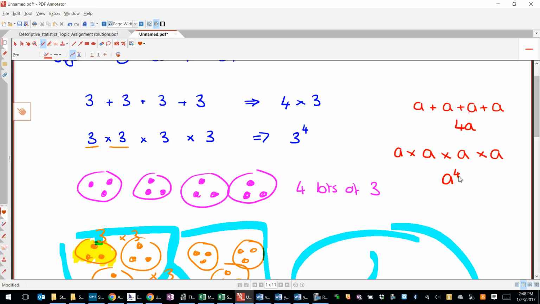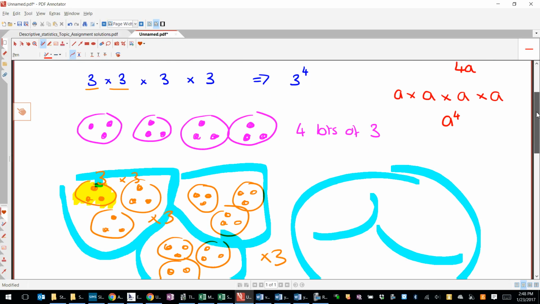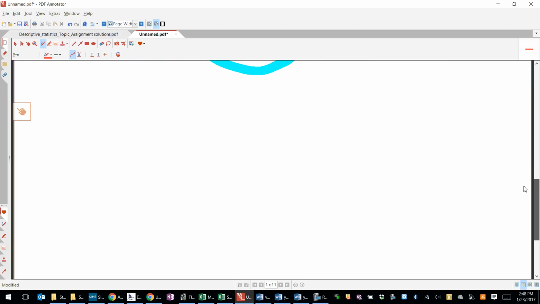Right. I want to then look at this whole collecting like terms, for instance. This is the one thing I want to discuss with you. Let's say I've got f plus f plus f plus f cubed plus f cubed.